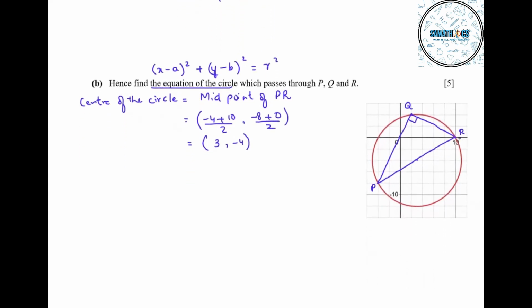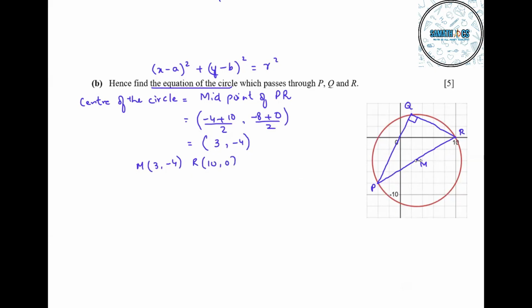So for r square, we can use the coordinates of either P and the center of the circle, or the center of the circle and R. We can name this point as M. So now we have M as 3, comma, minus 4, and we have R as 10, comma, 0.